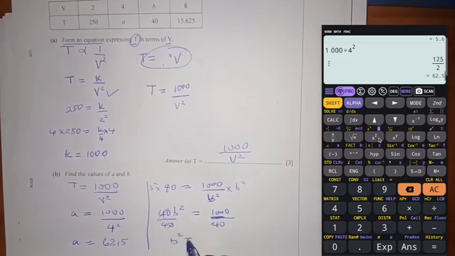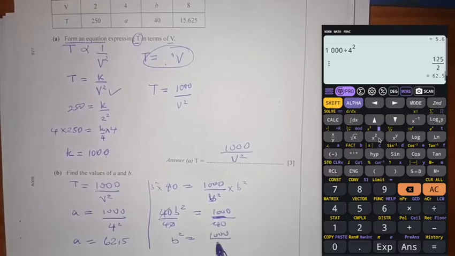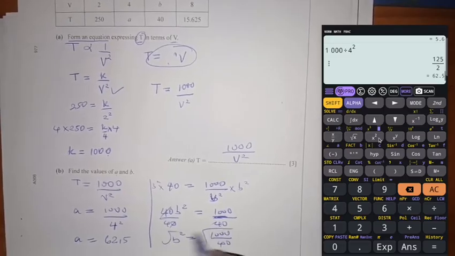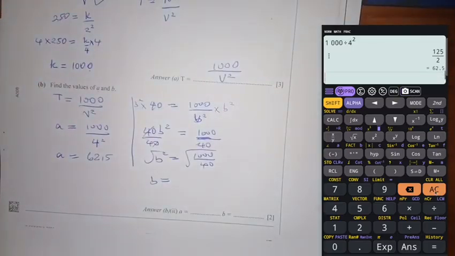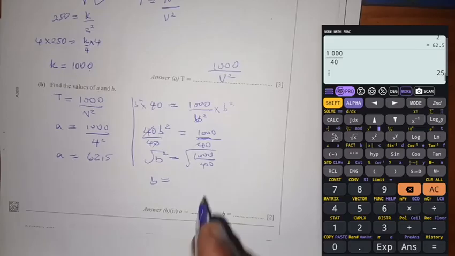Then you have B squared is 1000 over 40. Take the square root on both sides. Then your B is going to be equal to the square root of 1000 over 40, which is 25. Square root of that is 5.